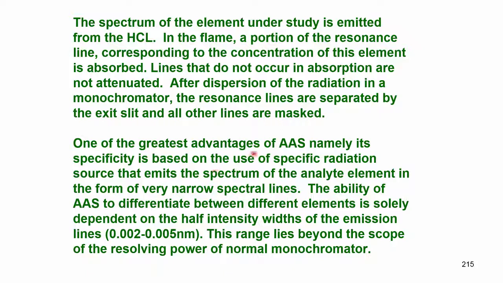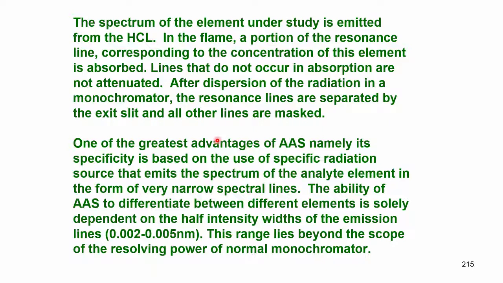So, one of the greatest advantages of atomic absorption is its specificity based on the use of a specific radiation source that emits the spectrum of the analyte element in the form of very narrow spectral lines.